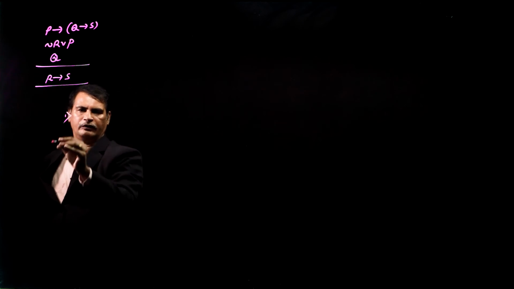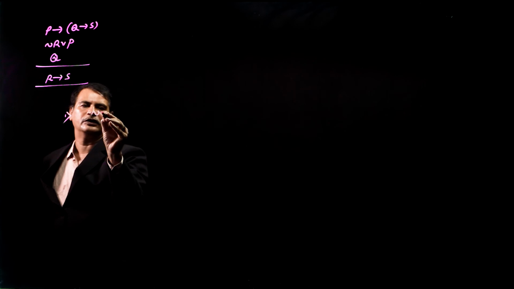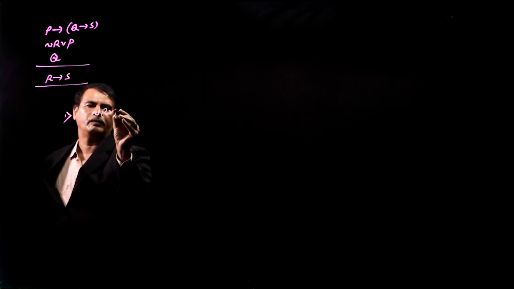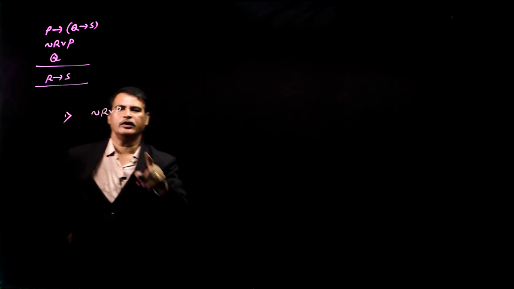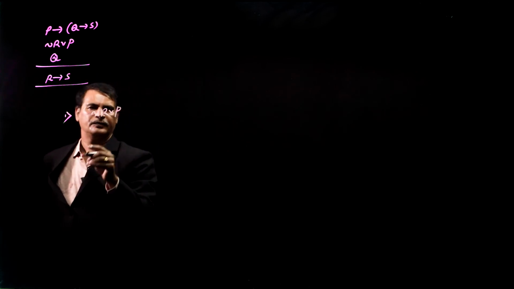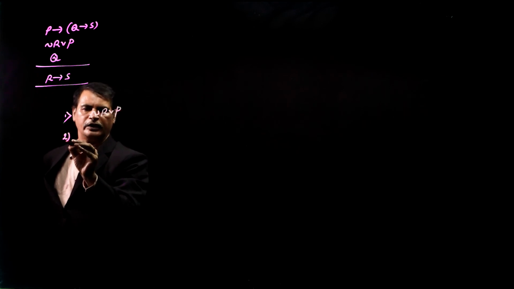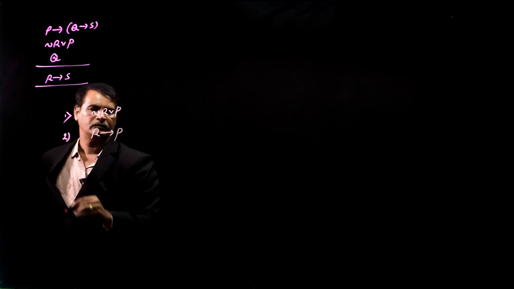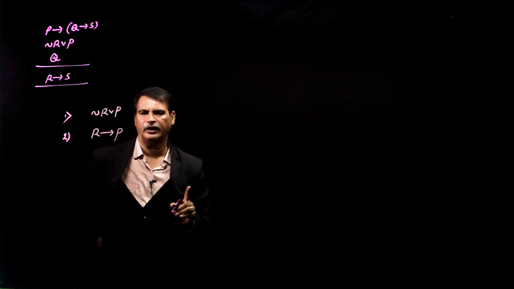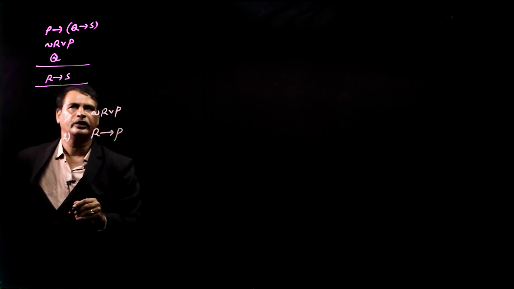What the difficulty is, you can clearly understand. First, I am considering negation P or Q from the premises. So, what can I write? This can be written as P implies Q, because I know that P implies Q is negation P or Q. Okay.